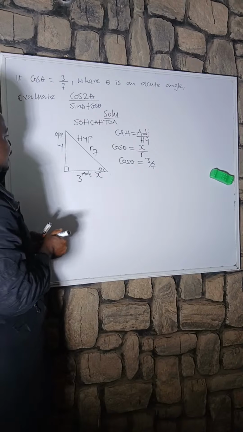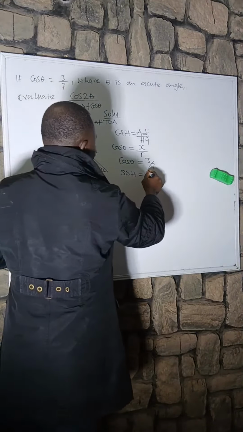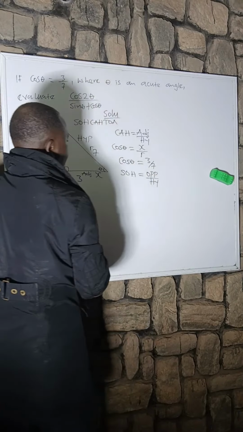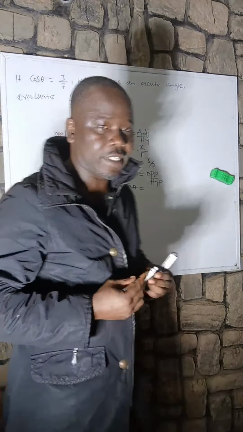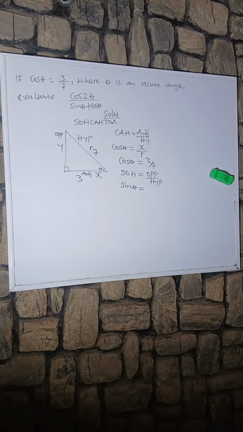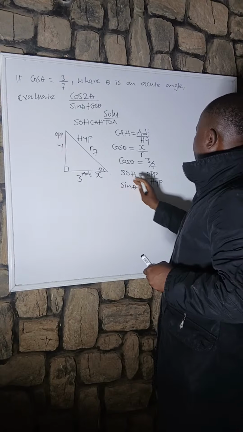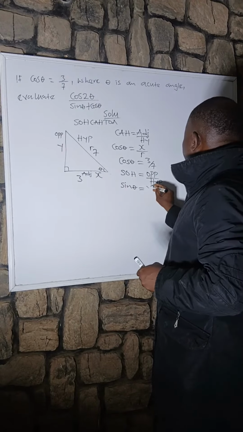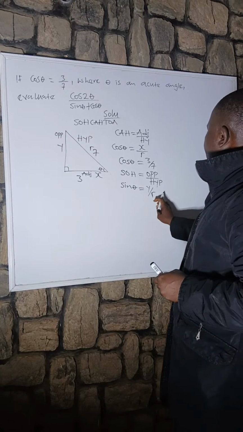Let's define sin: sin is equal to opposite over hypotenuse. So sin theta is y all over r. But r has been given, true or false?